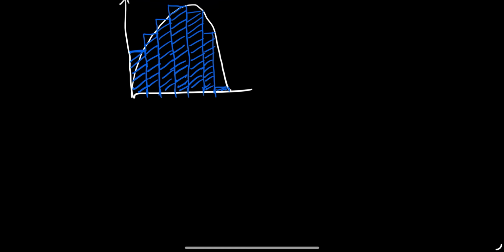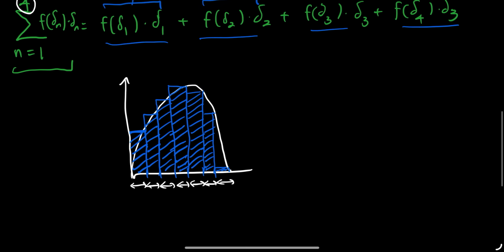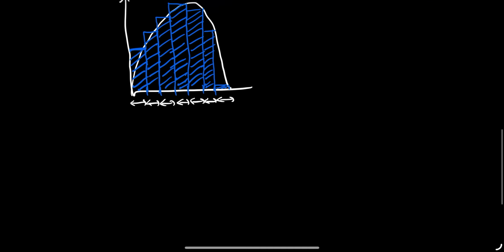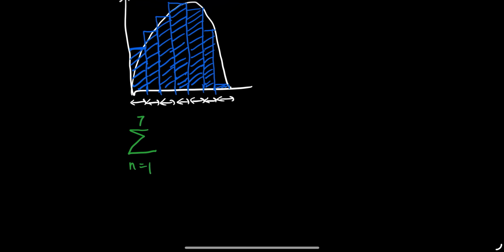Now here, this is, well, 1, 2, 3, 4, 5, 6, 7 rectangles, right? I put 7 rectangles. So now, the area under this graph, the sum of the areas of all these rectangles, is the sum from n equal to 1 to 7 this time, right?